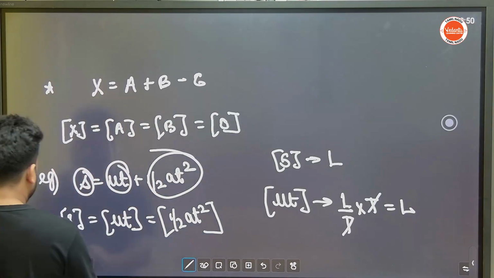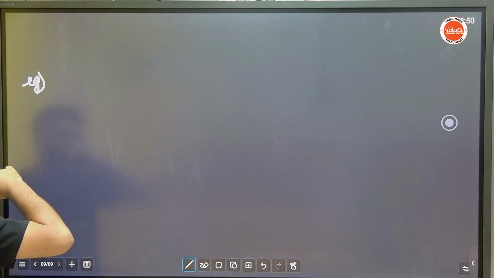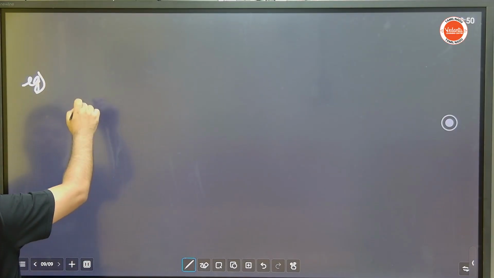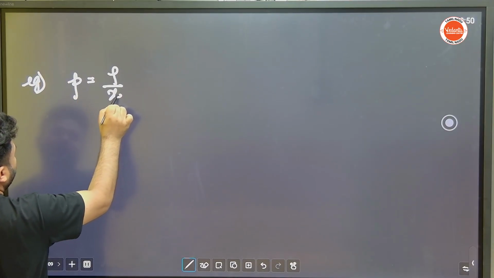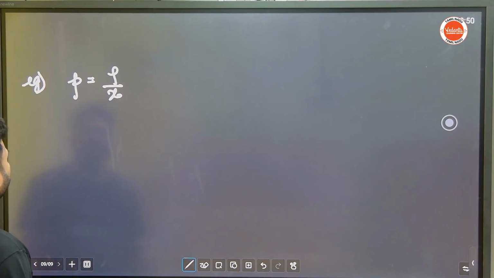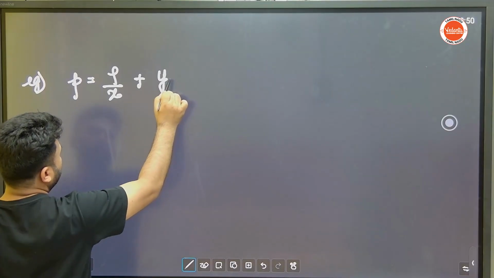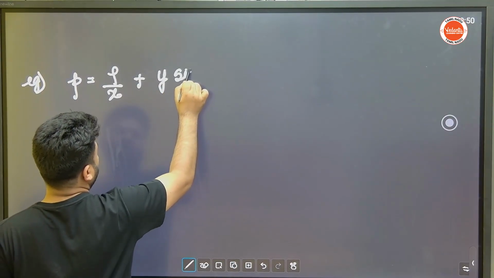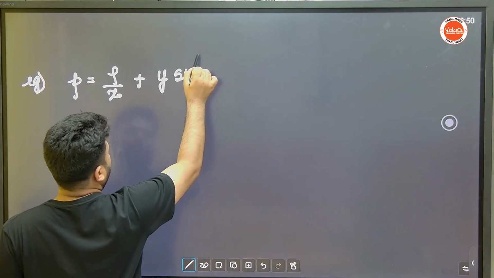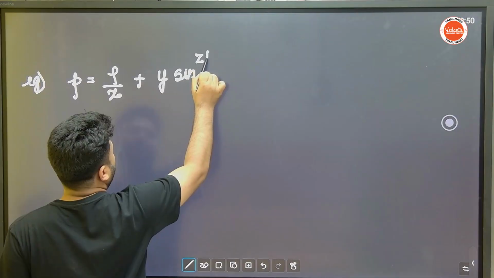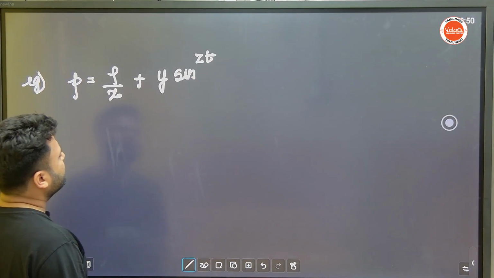Let's take one example. Like P equals to rho by x plus y into sine to the power zt.